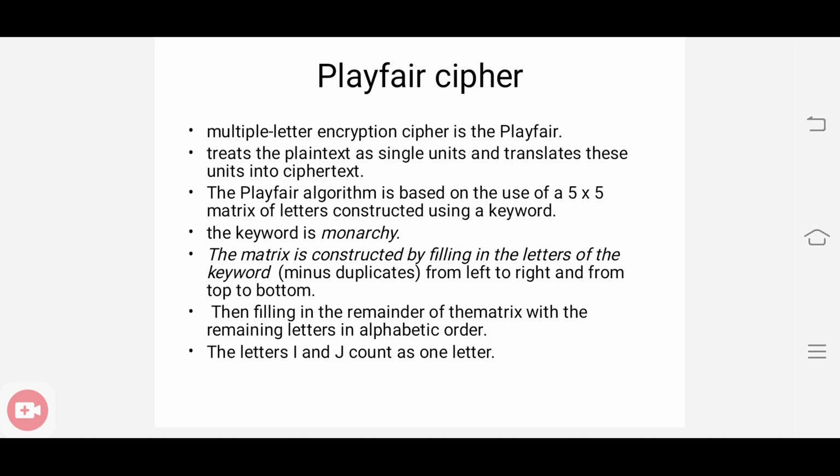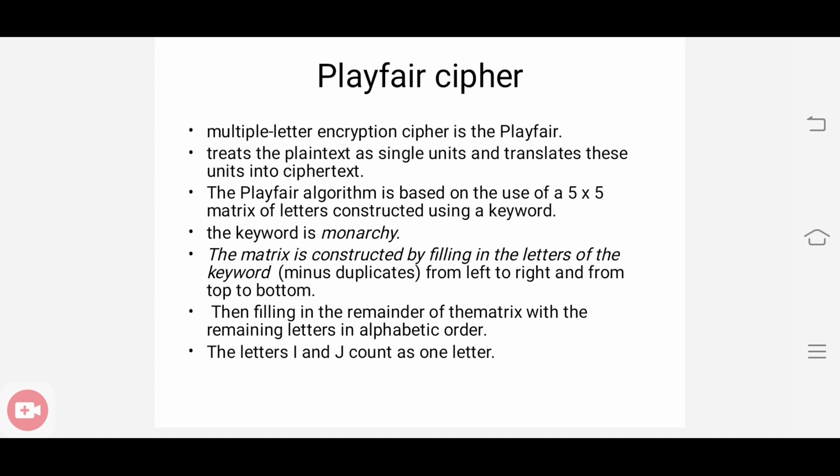Consider an example. We can use a keyword such as monarchy. So how can we construct a 5 by 5 matrix by using this keyword? The matrix is constructed by filling in the letters of the keyword from left to right and from top to bottom.